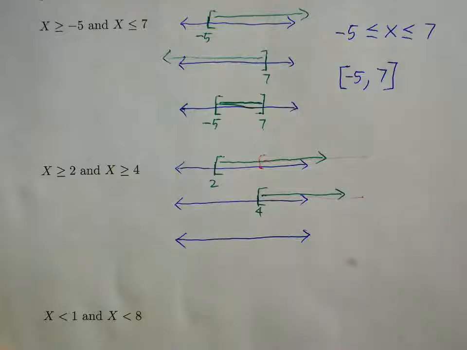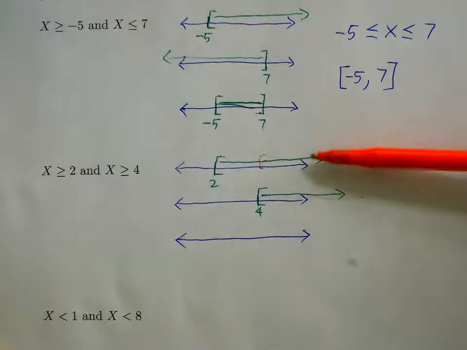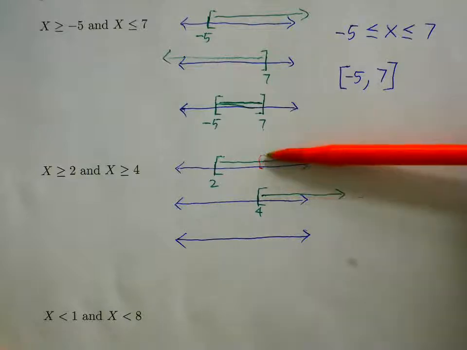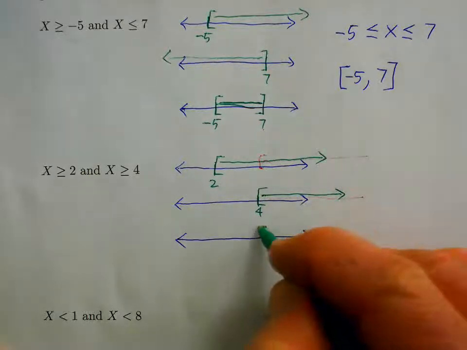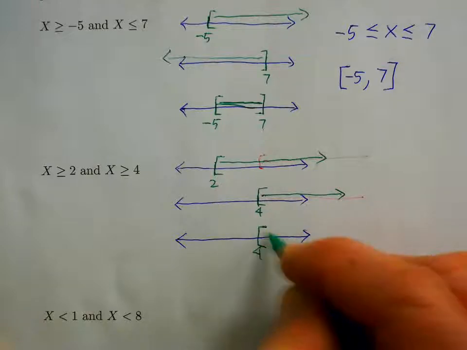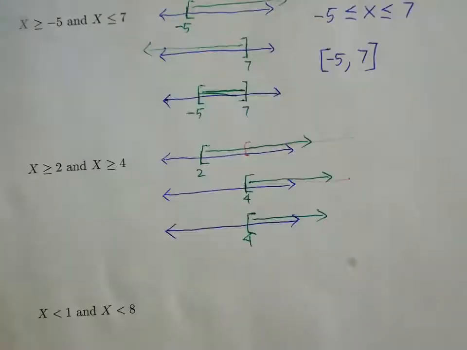If you only want the overlap, it's only where both sets are the same. So the overlap is just from 4 to infinity. You see that?